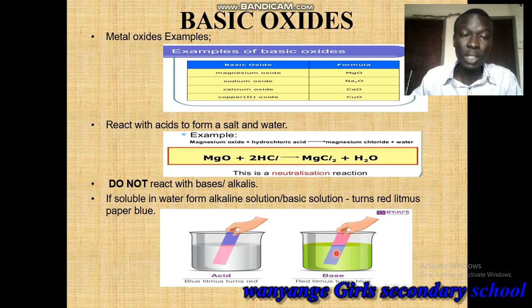That is how we test whether the solution is alkaline or basic. Okay? But when you on the other hand dip a blue litmus paper into an acidic solution, as we shall look at, the color of the blue litmus paper turns to red. Okay? That is very important in practical, so you please master it.